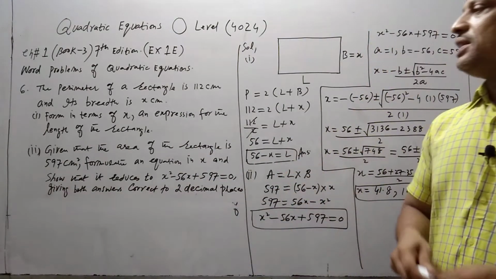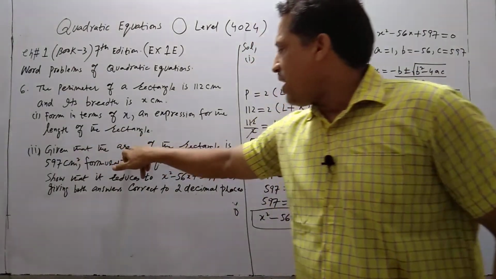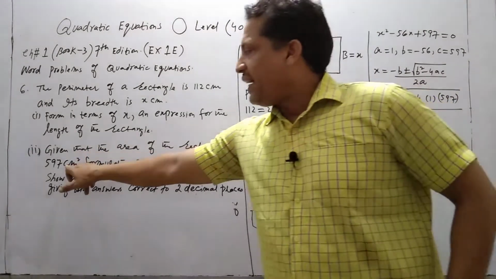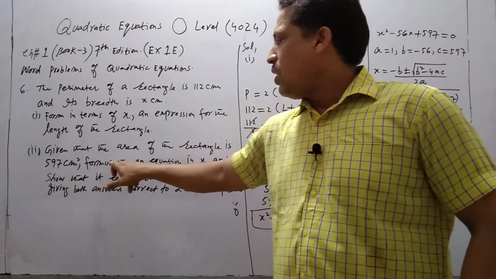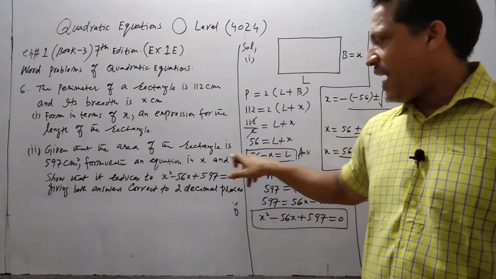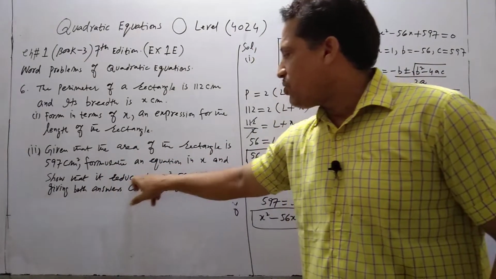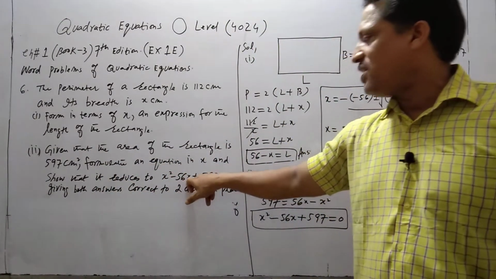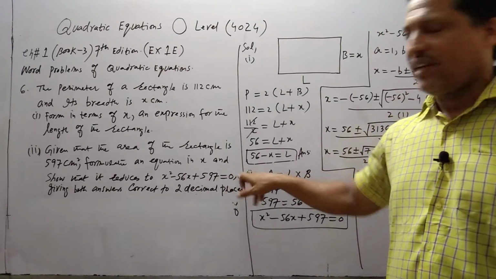Part 2 is: given that the area of the rectangle is 597 centimeter square, formulate an equation in x, show that it reduces to x square minus 56x plus 597 equals 0.